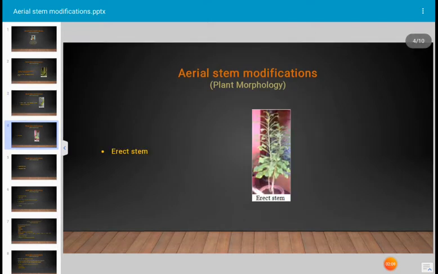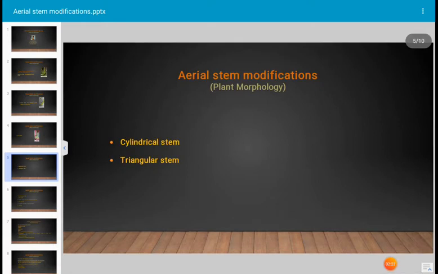Next, erect stem. It is an upright stem which grows perpendicular to the soil surface. In many ornamental plants, erect stem occurs, for example Saraca indica. Next, cylindrical stem.